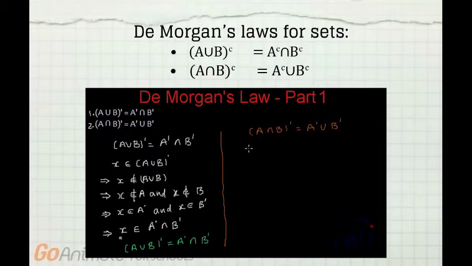Again we'll assume x as one of the elements of (A intersection B) complement. If x is an element of (A intersection B) complement, that means x is definitely not an element of A intersection B. If x is not an element of A intersection B, there are the possibilities that x is not an element of A, or x is not an element of B, right?